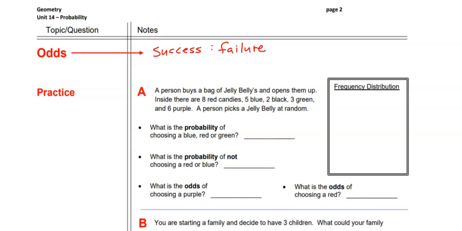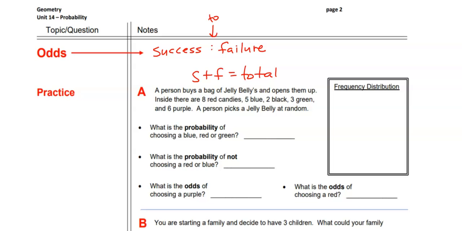Okay, so instead of successes over total outcomes, it's the number of ways you could be successful to the number of ways that we could fail. Now, the cool thing is success plus failure is always equal to your total number of outcomes. So I always find probability first, and then I'll convert it into odds.